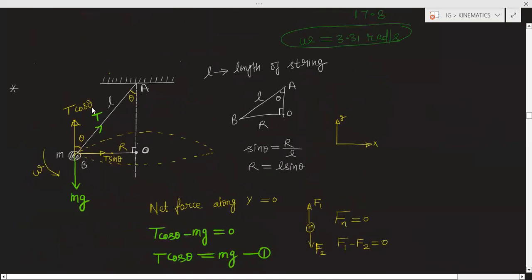Okay, we will discuss one of the examples. Okay, one of the examples we will discuss.